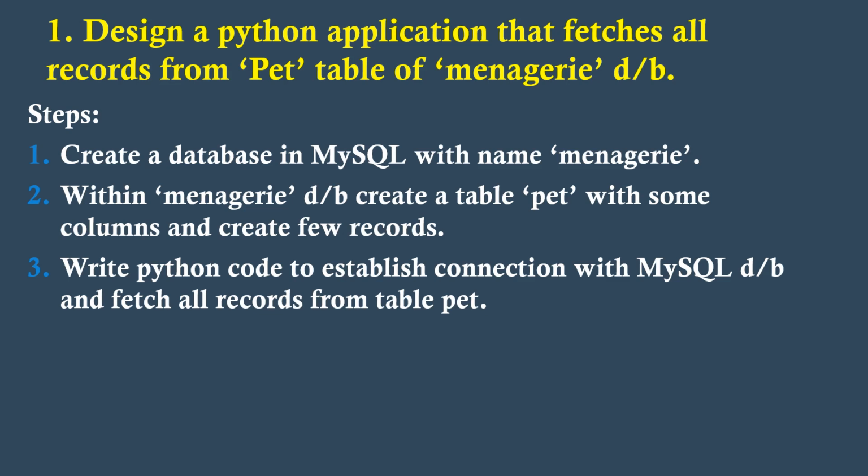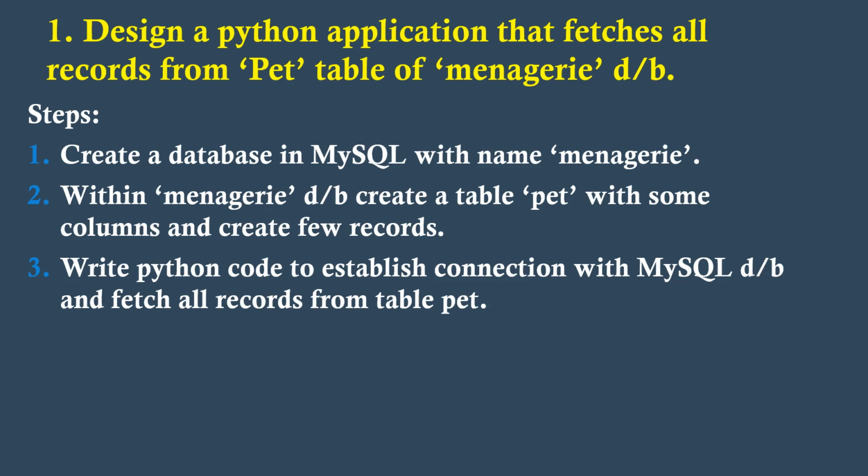Then within this database, you have to create a table called PET with some columns, and you have to create some records also. That means first of all, this database and this table have to exist. Otherwise, once you establish the connection and it searches for this table, it will not find it.